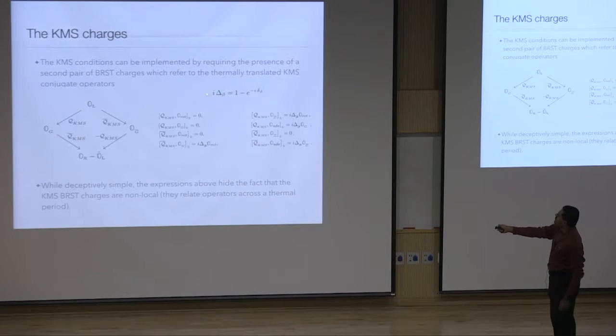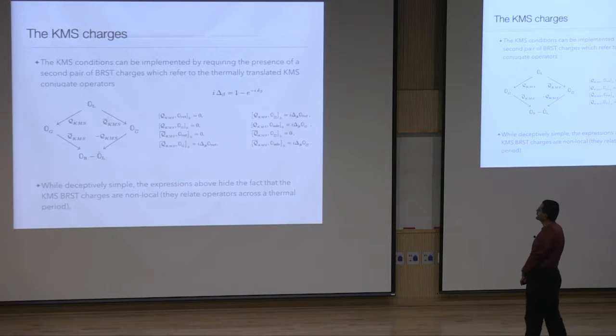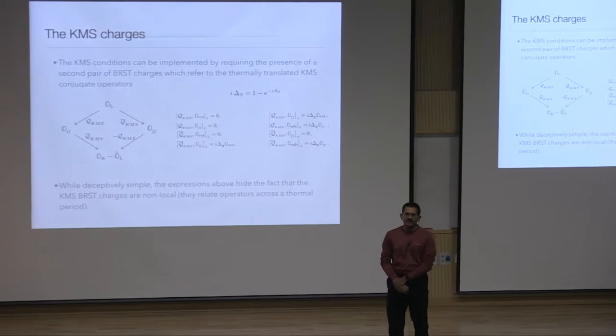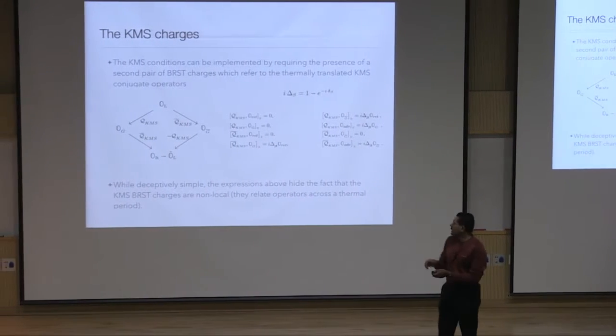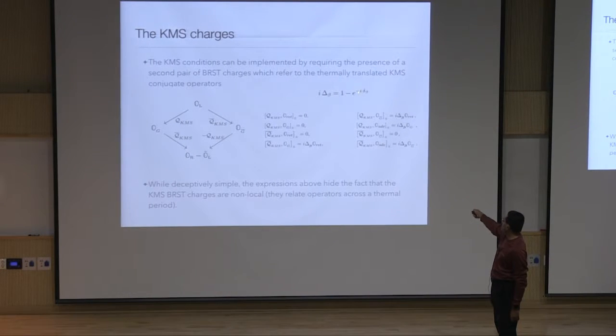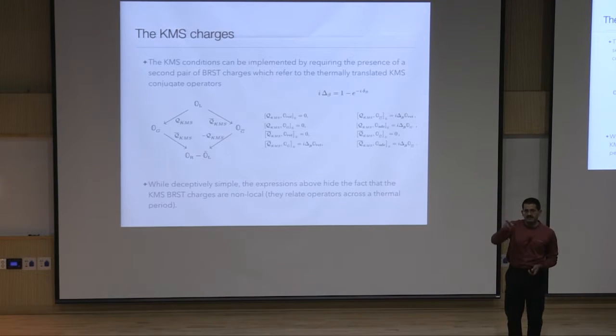I've also introduced this gadget, capital Delta beta, which eventually will become a Lie derivative in the thermal direction, because what it's doing is measuring the difference between an operator and the action of e to the minus i beta, which just says it's O of t minus O of t minus i beta. So if beta is small, this is like beta times d by dt, and in a continuum and in the limit we're interested in, it will become the Lie derivative along the beta vector.